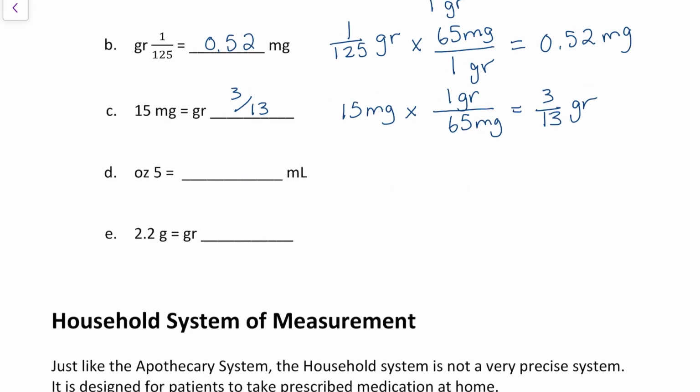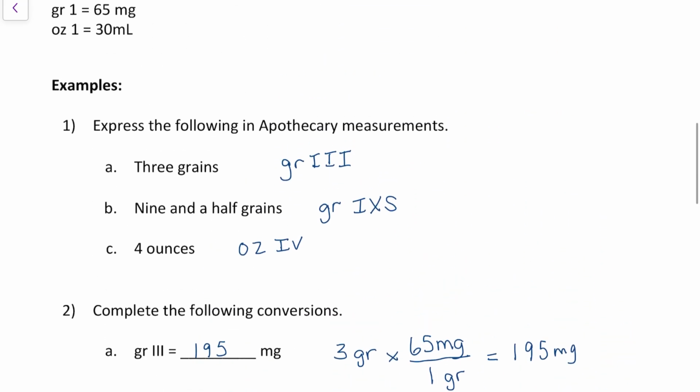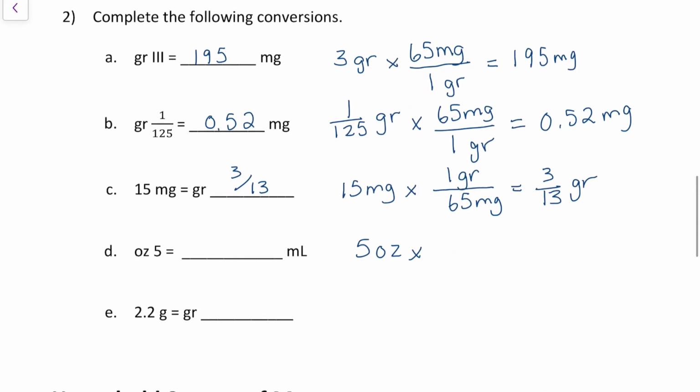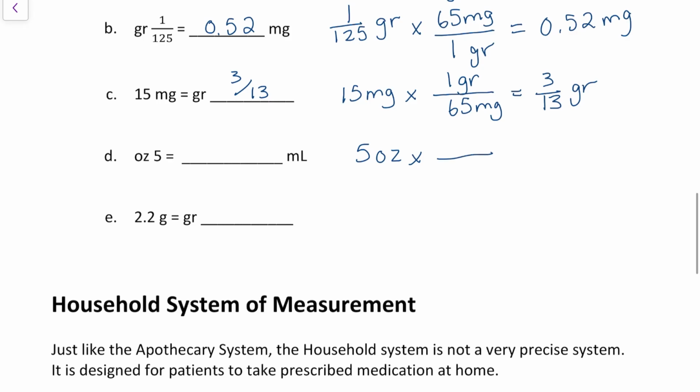Now we have an ounce to milliliters conversion. So I'm going to start with my ounces, and my conversion for that is 1 ounce is 30 milliliters. So I'm going to put 30 milliliters on the top, 1 ounce on the bottom. So I end up doing 5 times 30, and I get 150 milliliters.